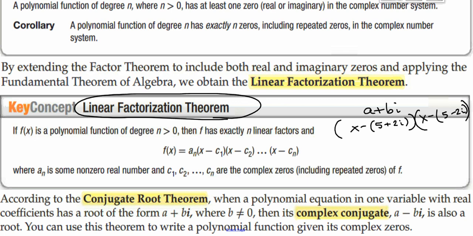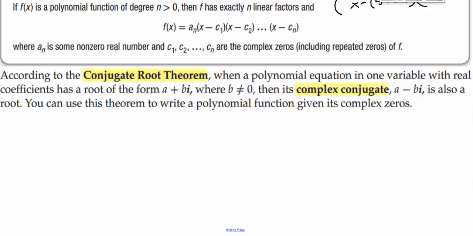And we're going to have to multiply those out and figure out what that gives us. So the next thing there is just according to the conjugate root theorem, and that is just saying that we get these conjugate roots in pairs, a plus bi and a minus bi.